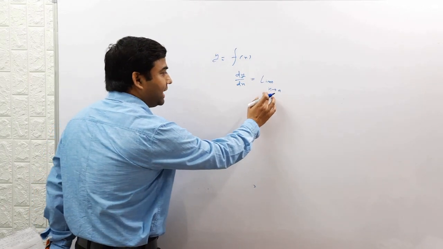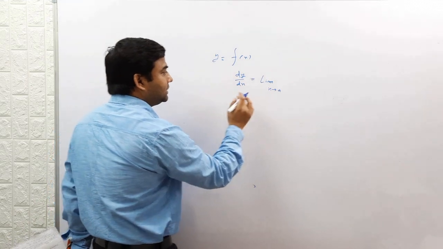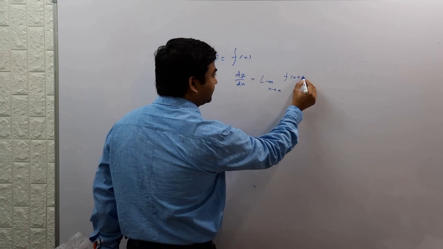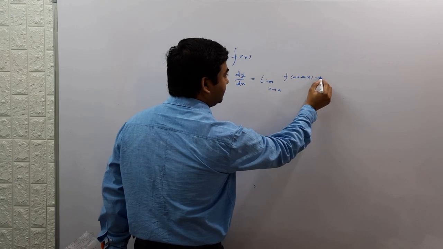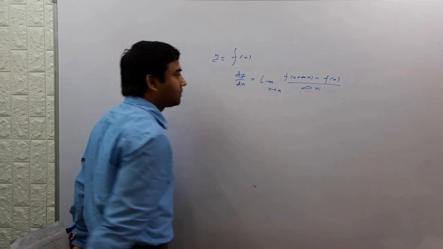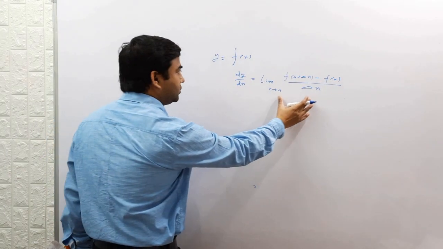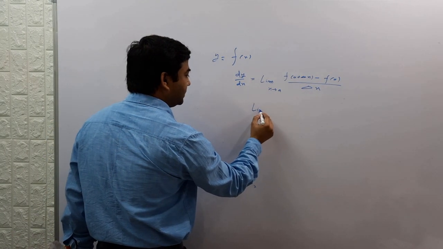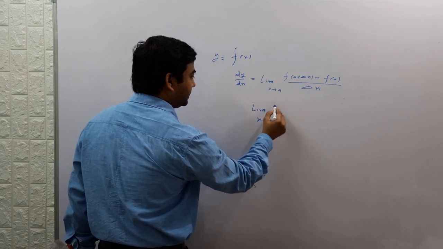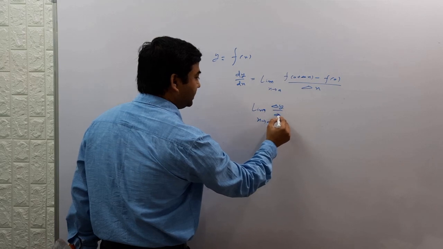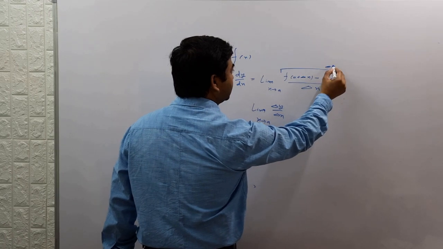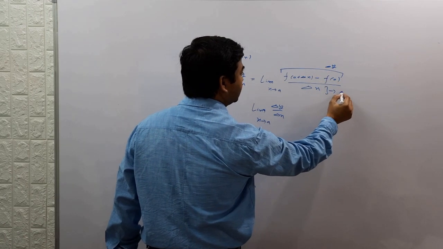So at x equal to a, the derivative is defined as limit of f(a + delta x) minus f(a), divided by delta x. This you can also write as limit x tending to a of delta y by delta x. So this term is delta y and this term is delta x.